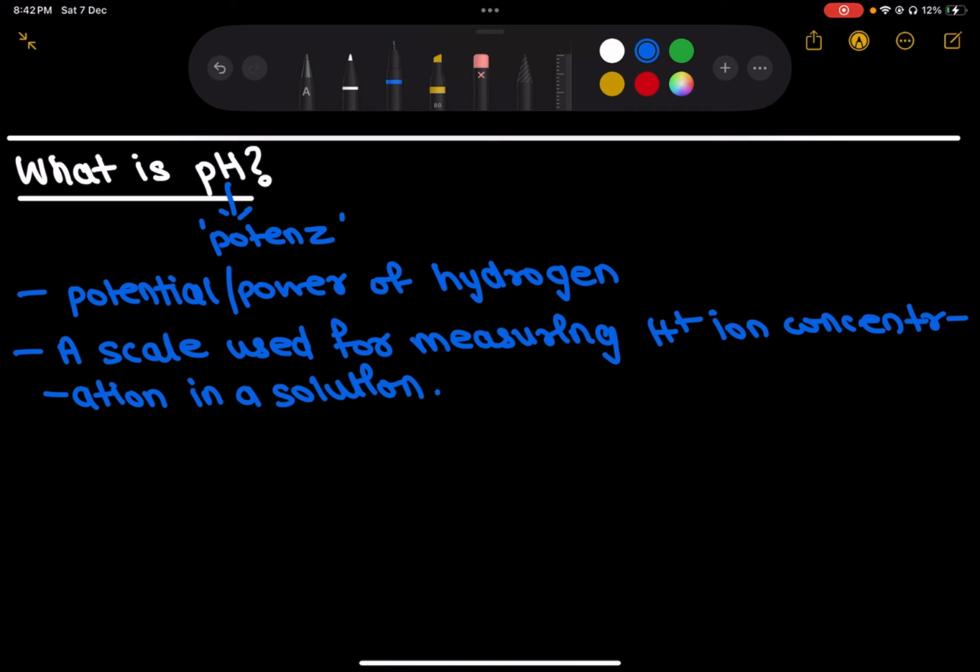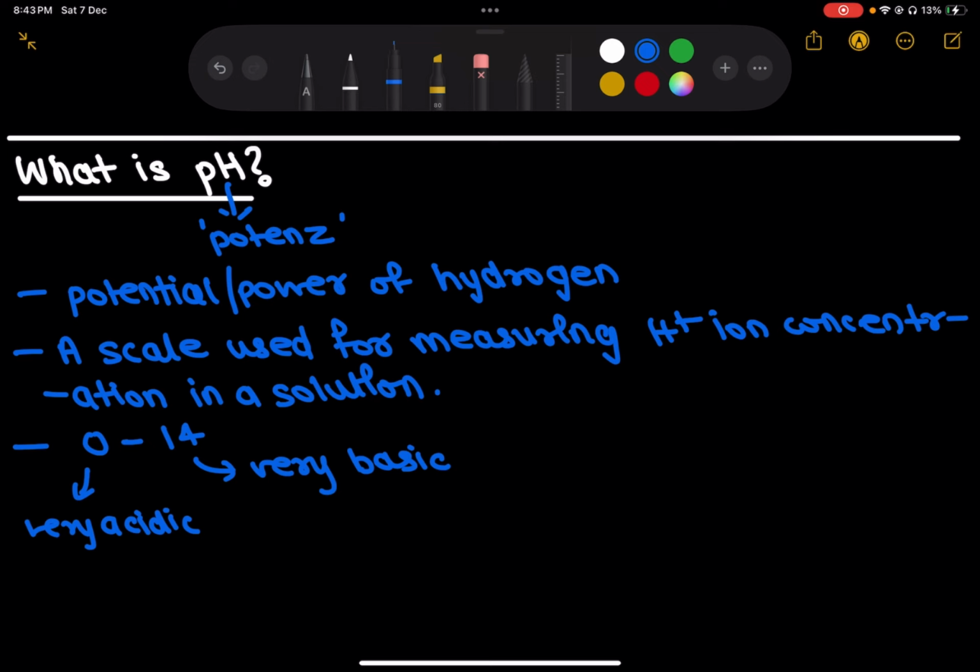So basically a pH scale ranges from 0 to 14. 0 means very acidic, or strongly acidic, and 14 means very basic, strongly basic. So 0 is very acidic and 14 is very basic.